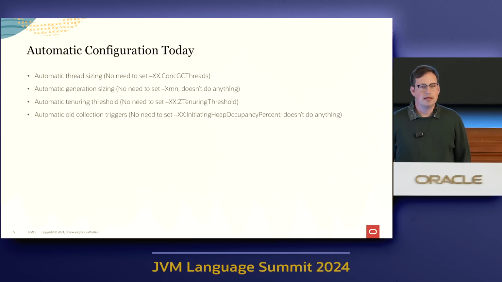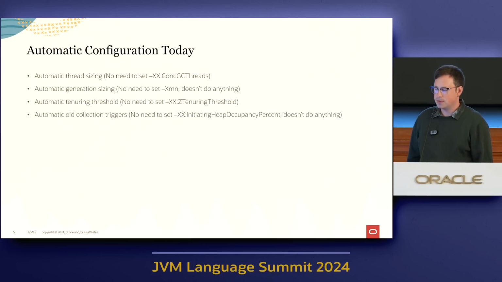Looking at the automatic configuration aspect, there's plenty of stuff going on here. First off, we have the concurrent GC threads. This is one of these things where if you have too many concurrent GC threads, you might start preempting the application a lot, and it might cause latency issues.